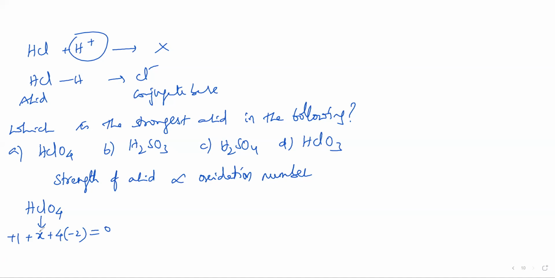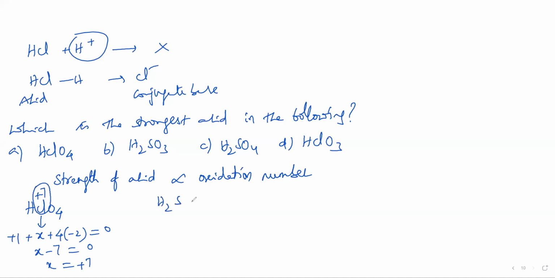What is hydrogen's oxidation state? +1. Chlorine, we have to find out X. Oxygen is -2, 4 into -2. What you are getting? X minus 7 is equal to 0, X equal to +7. So your chlorine oxidation state is +7.